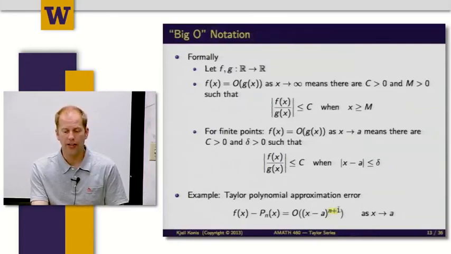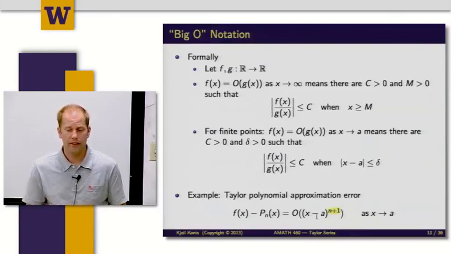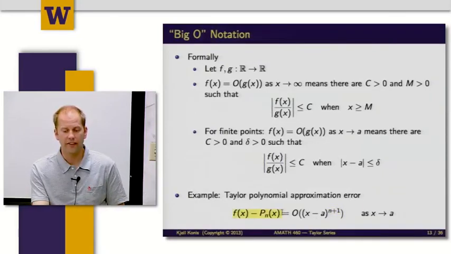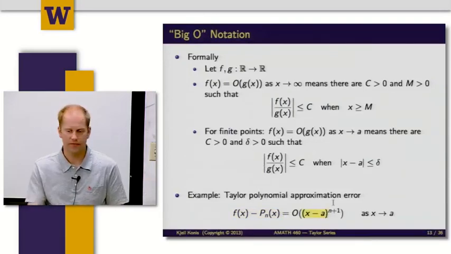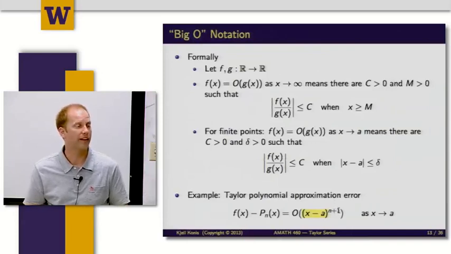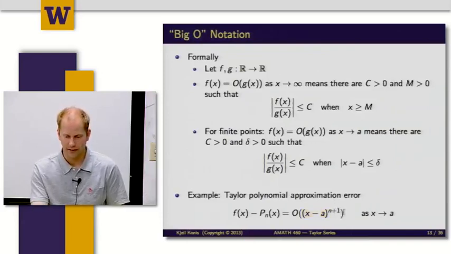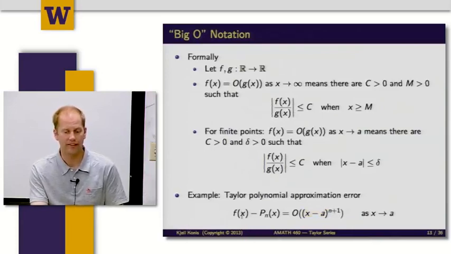The larger I can make this power, the faster this error is going to get smaller as I move towards a. Once I'm within 1 of a, this quantity is going to be less than 1, and when I start taking powers of that, it's going to get small. The larger the power I can make, the faster this is going to get small as I move closer and closer to a.